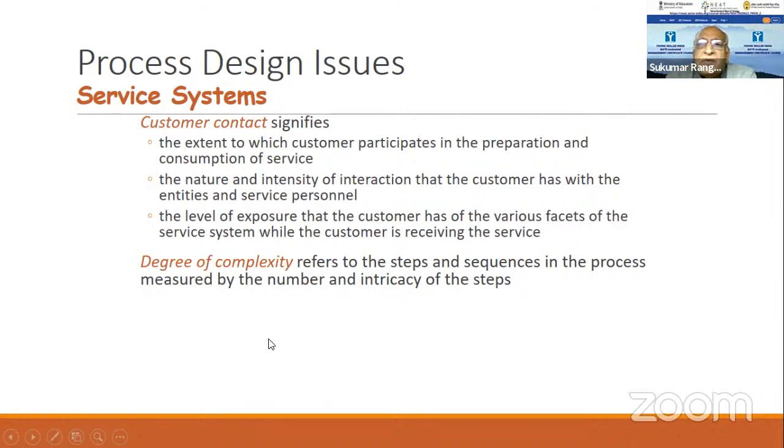Degree of complexity refers to the steps and sequences in the process, measured by the number and intricacy of steps. Usually in service systems, various types of services are offered. Like in a restaurant, some may be only vegetarian, but have South Indian, North Indian, or Rajasthani style facilities.